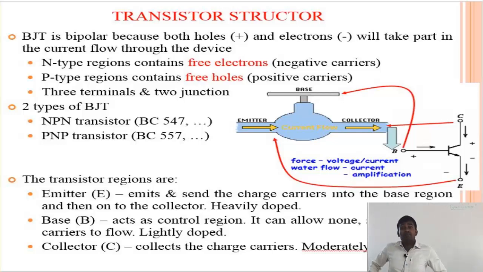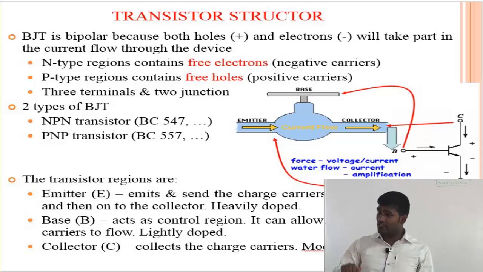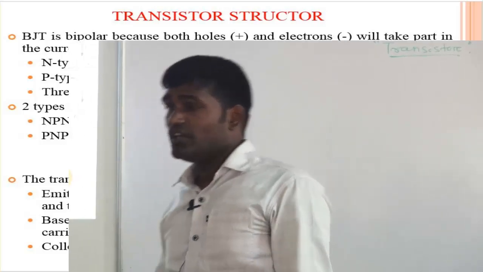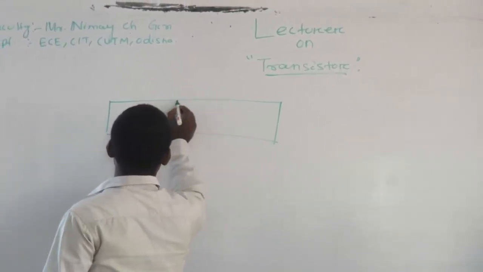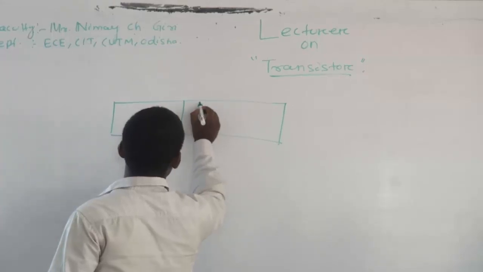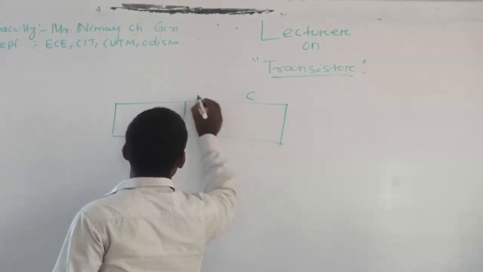The emitter is a highly doped region, the base is lightly doped, and the collector is moderately doped. So depending upon the doping, the transistor regions have different sizes. This is the emitter, which region is larger. This is the collector.